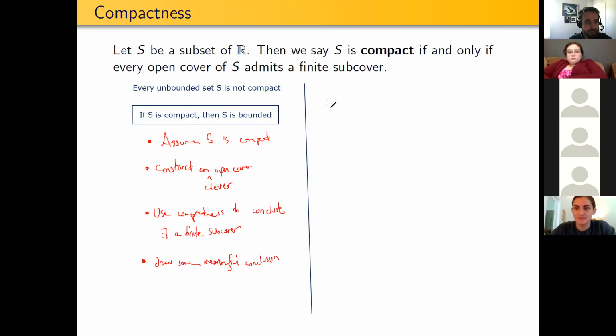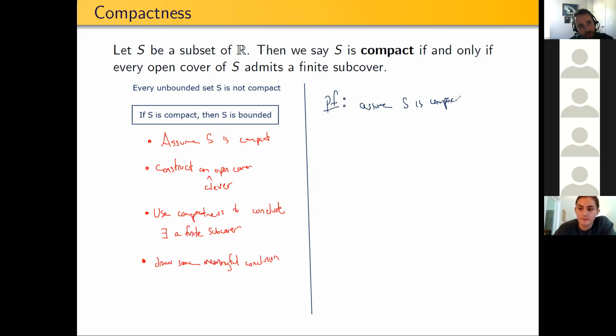So here's my suggestion. Proof: assume S is compact. So we know that every open cover admits a finite subcover. Let's choose a particular open cover in a clever way from which we can derive something meaningful. Let F be the collection of all open sets of the form (-i, i) such that i is a natural number.